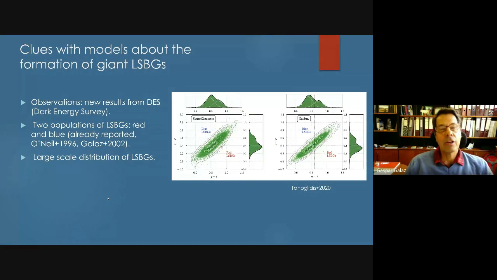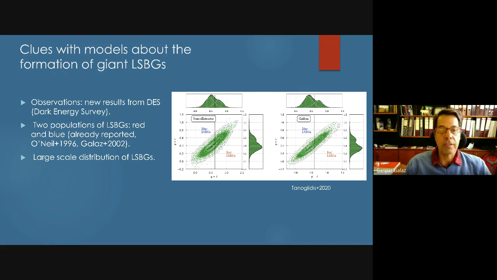So another clue that is important to solve with the models is that we have new observations from the Dark Energy Survey. There was a publication recently by Tanoglidis in 2020 about the LSBs from DES, and they have very nice results. One of them, which should perhaps be explained by models, is the two populations of LSBs that are observed, red and blue.